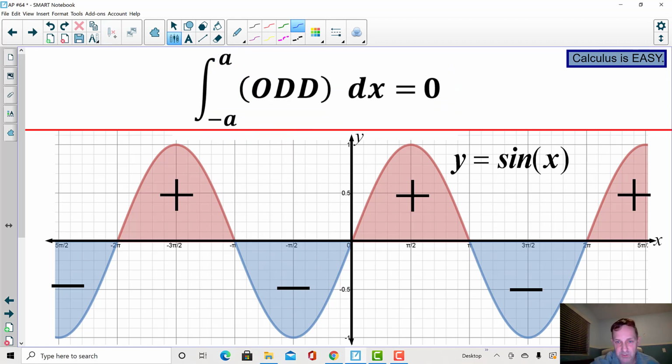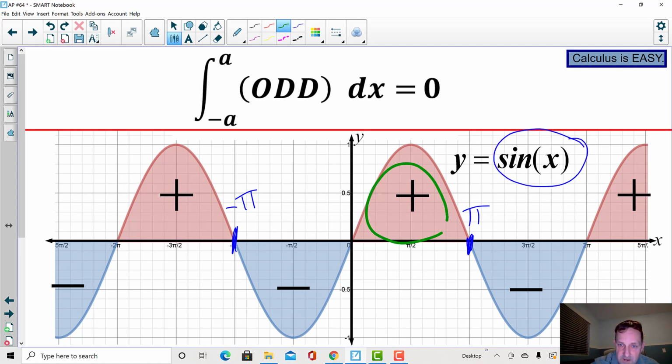And if you look at the picture, you'll notice why. If I was doing an integral from negative pi to positive pi for the function y equals sine of x, you should notice that this area here is the same as this area there, but because this one is above the x-axis, you get a positive answer because every y value for each rectangle is going to be a positive y value.